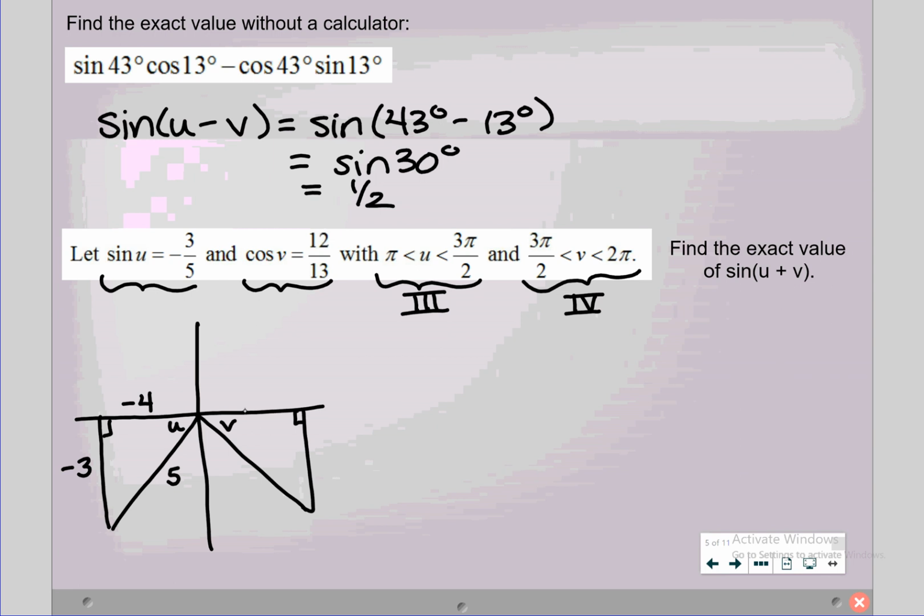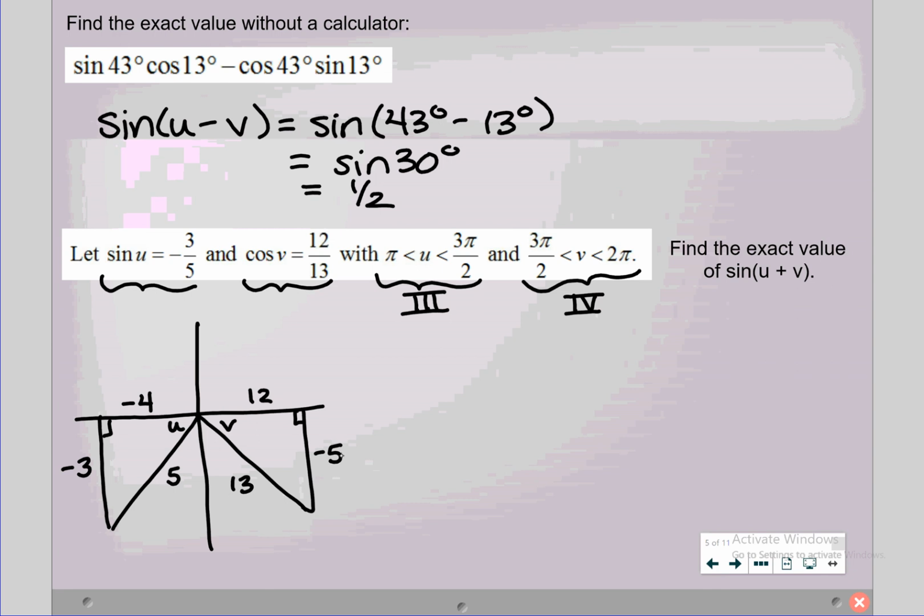I know its cosine, adjacent over hypotenuse, is 12/13. This is also a Pythagorean triple if you recognize it. If not, we use the Pythagorean theorem. It's 5, close, -5. Okay, so that is all just given information, draw triangles back from chapter 5.